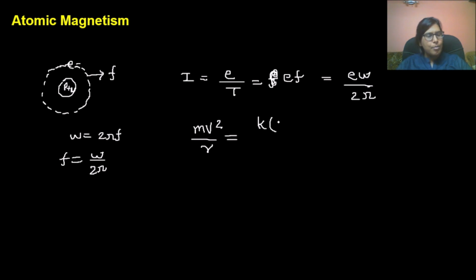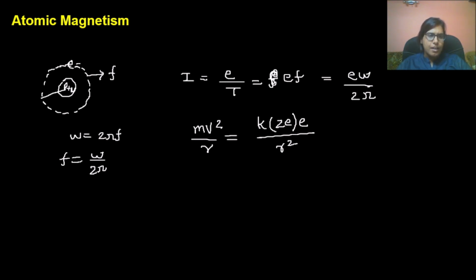Suppose the number of protons is equal to the atomic number, so Z, and the charge on one proton will be the same as on the electron if we do not put the sign, only talk about magnitude, into e upon r square. r is the radius.